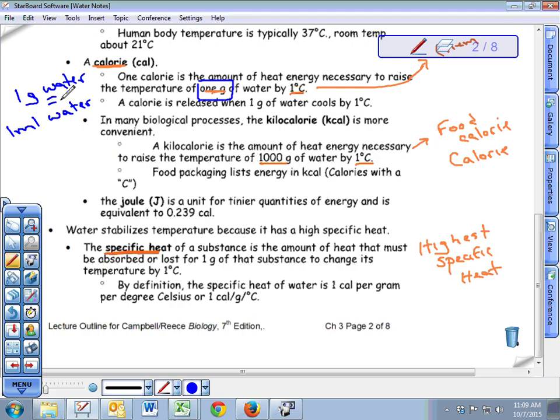If I tell you that I've got 13 grams of water and I warmed it up 1 degree, how many calories did I use? 13 grams of water that I warm up by 1 degree. 13 calories. It takes 13 calories to warm 13 grams of water up 1 degree. So 1 calorie per 1 gram of water, per 1 degree. So taking 1 gram of water and increasing it by 1 degree Celsius.